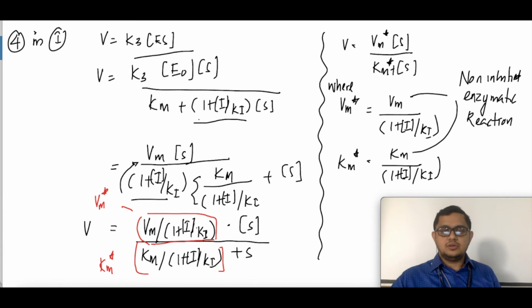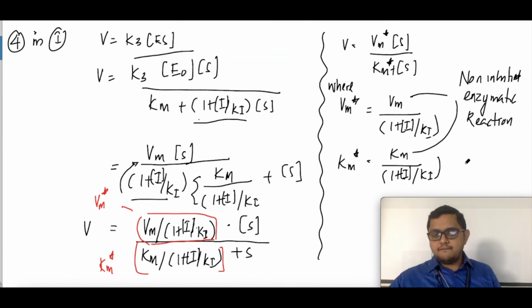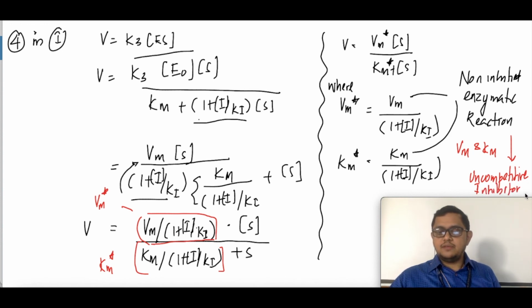So both, a very important point, both Vm and Km are decreased whenever there is an uncompetitive inhibitor. That is a phenomenon that you need to use in order to identify the uncompetitive inhibitor, because each type of inhibitor changes the Km and Vm values in a different manner.